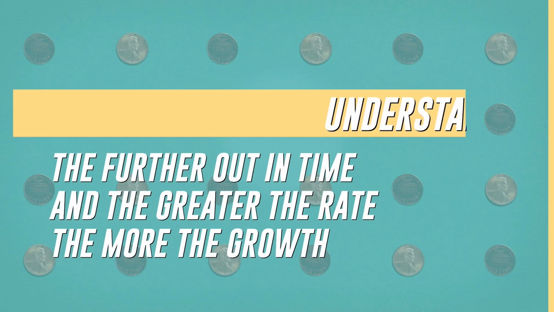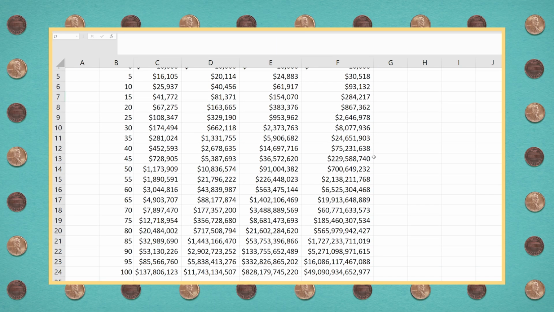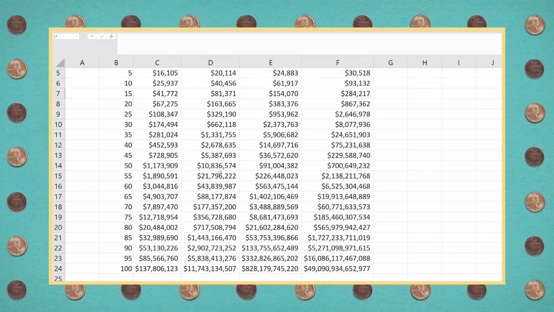That's one of the really important takeaways from understanding compounding, is that the further out in time and the greater the rate, the more the growth is. If we were to go back and look at our numbers here, you can see, just comparing any row, that the further out in time and the greater the interest rate we use, the more the impact of compounding.